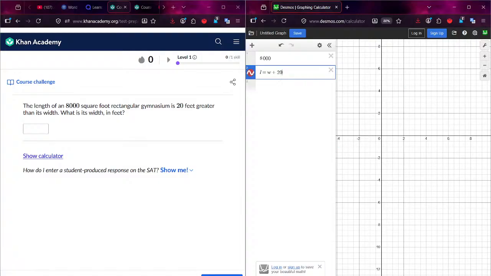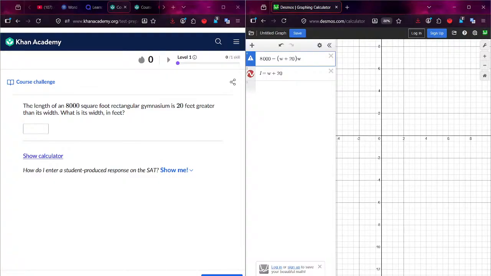And then the area is going to be length times width. So you can substitute the L here for the L here. So it's going to be W plus 20.